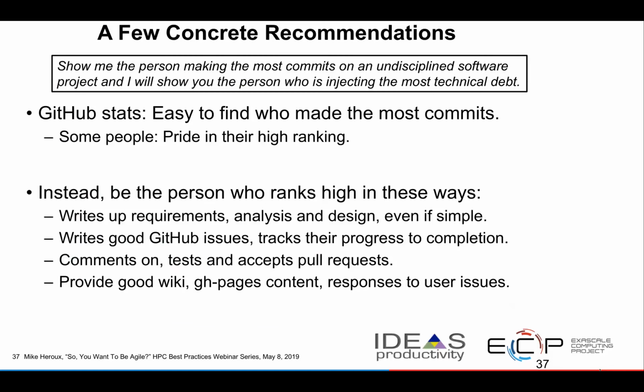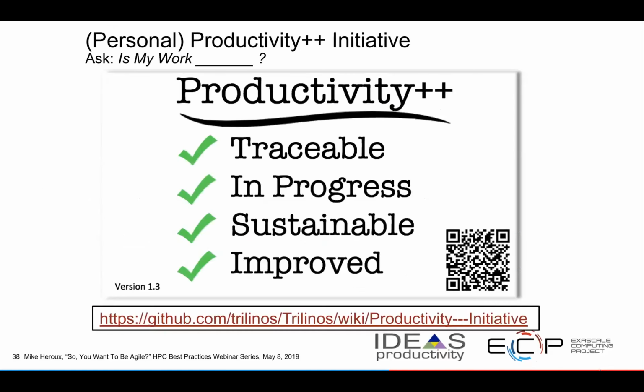The other thing that I've done and created for my teams is a set of shelf magnets that I call productivity plus plus. Basically the notion is that I ask my team members, go get your cup of coffee, chat with somebody in the hallway, but when you sit down to do your work, after you've gone through the urgent emails, look at this card and ask yourself, is the work I'm going to do traceable?